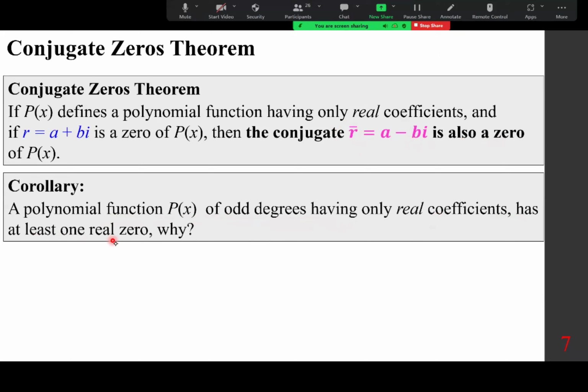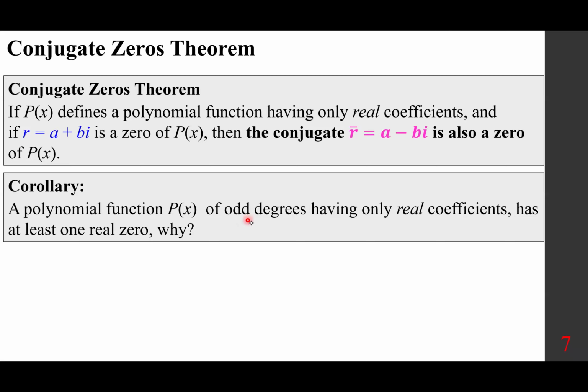Why is that? Let's make sure everybody understands the reason for it. The conjugate zeros theorem says if we happen to have an imaginary zero, it happens in pairs. So if a plus bi is there, so is a minus bi. If the degree is even, it could be that all of them are complex conjugates.